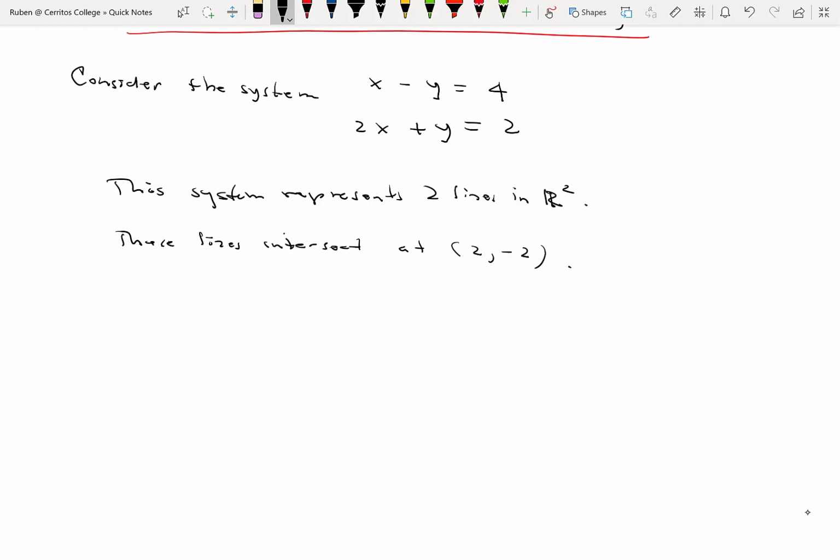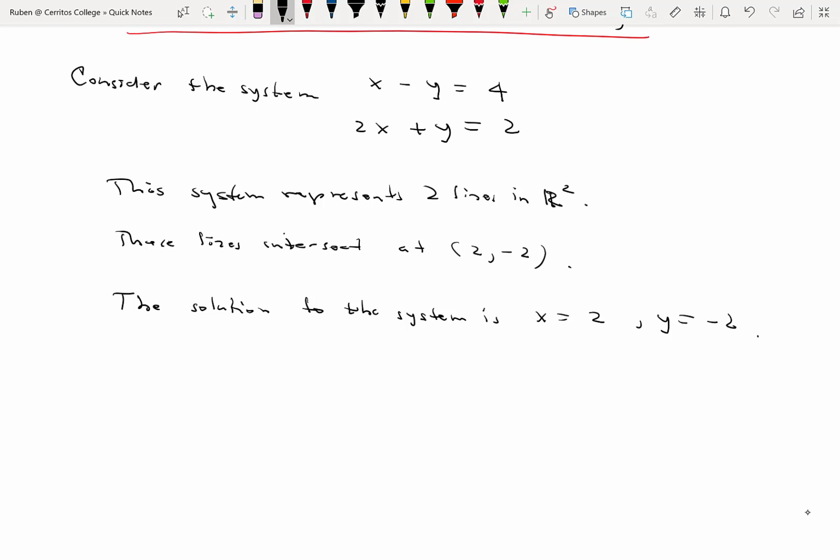The solution to the system is x equals 2, y equals -2. And here's our first bit of vocabulary for our course.